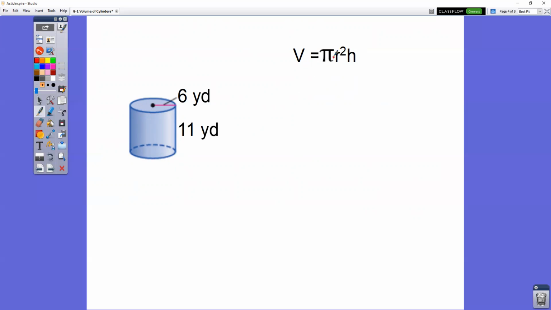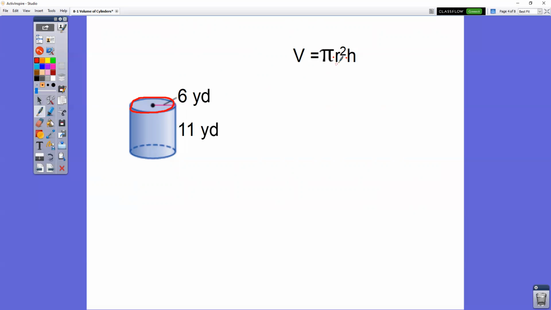Remember, this is really pi times r squared times h. They just don't put the dots or the times signs in it. So first thing we need to do is identify your parts and your pieces. Is the 6 the radius or is the 6 the height? Well, we're looking at this circle at the top. All right, it looks like an oval, but that's just the angle that we're looking at. So that is a circle at the top.